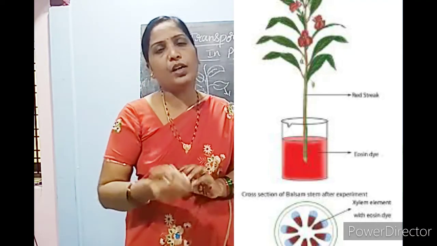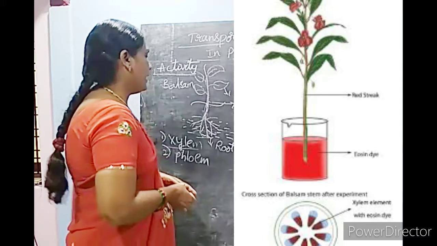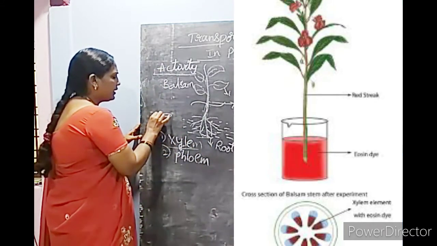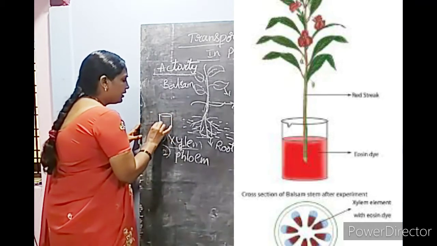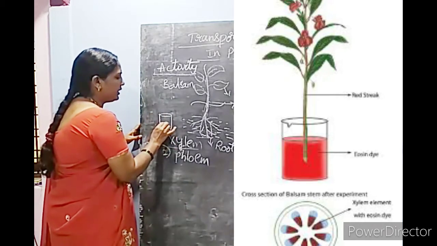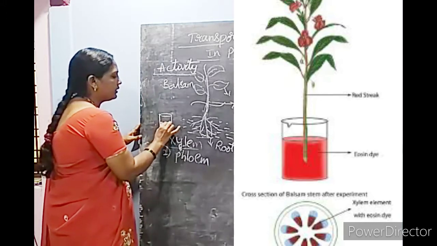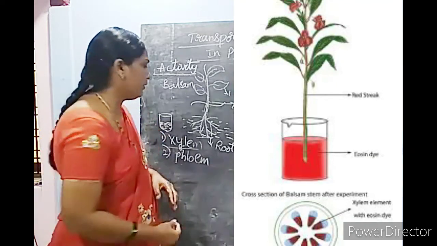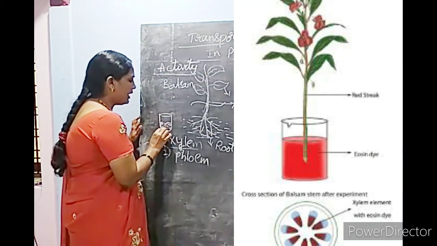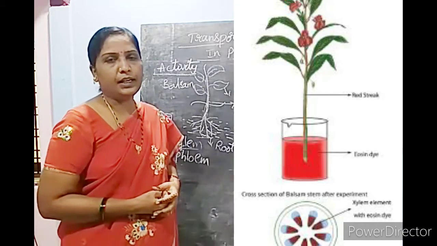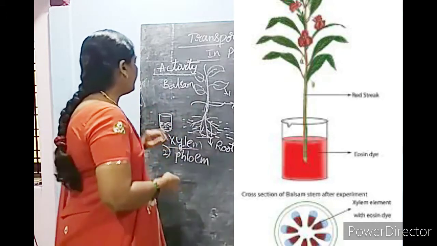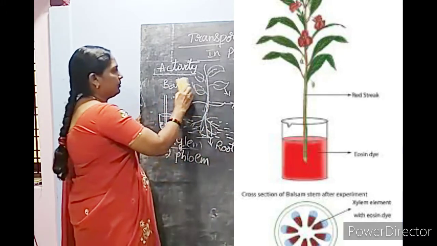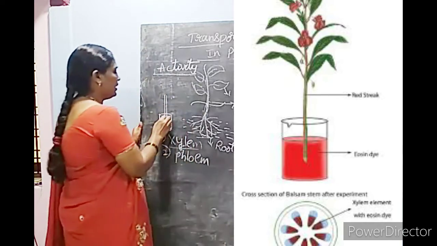Collect one small twig and arrange it in a beaker. Fill half of the beaker with water and add some food color, orange or red, any food color, or else blue ink also. Keep the twig of balsam or any white-flowered plant in this.